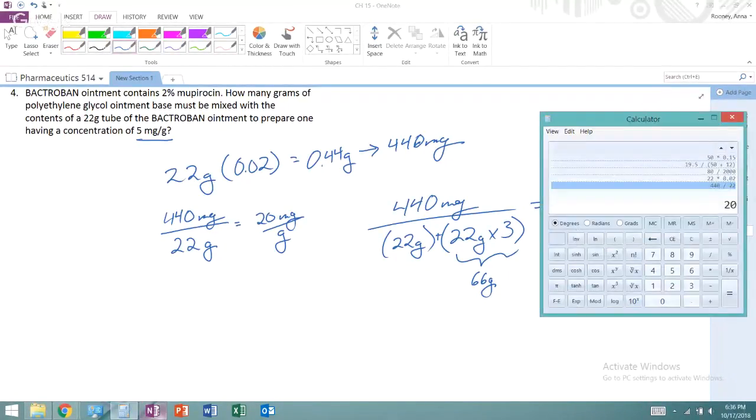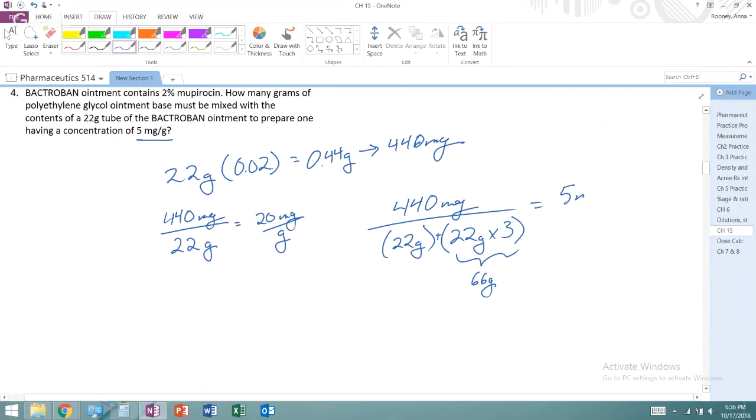Now just to double check, because we need 4 parts, we take 440 and divide it by 88, because we'd have the 22 plus 66. And then that is 5 milligrams per gram. So this 66 grams is the ointment that we have to add. That's the polyethylene glycol.